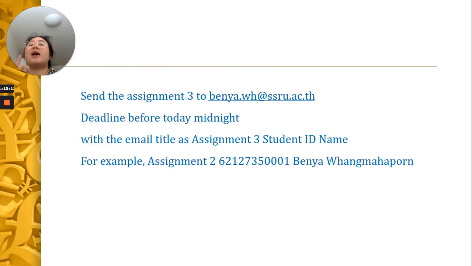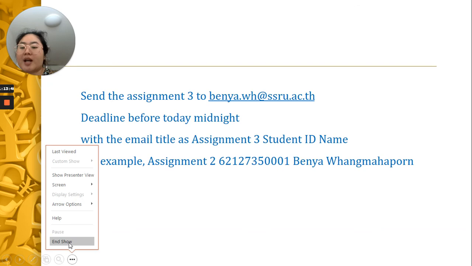Send this assignment tray to my email, and the due date should be before 18 March midnight. The email title should be the assignment tray followed by the student ID and the name. Okay, please do it. I will try to help you.